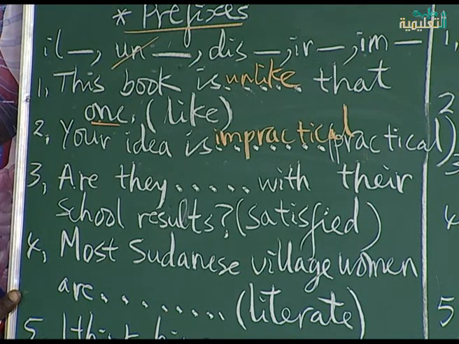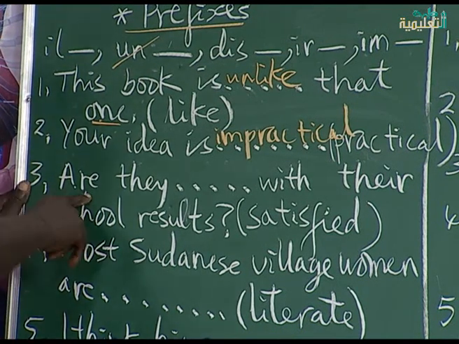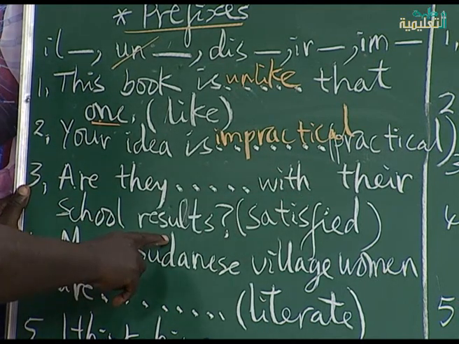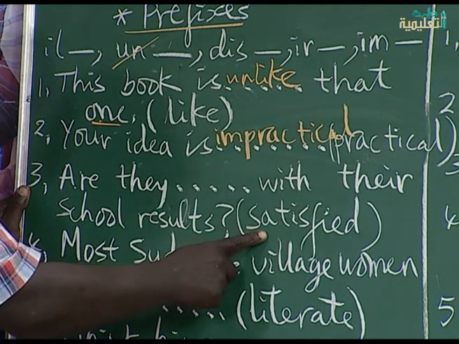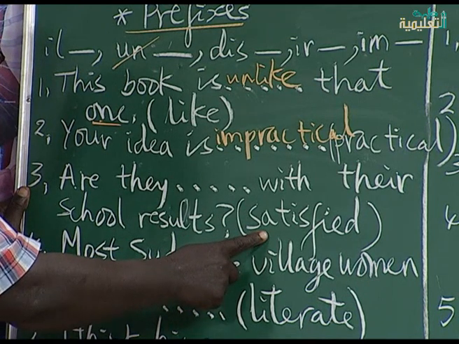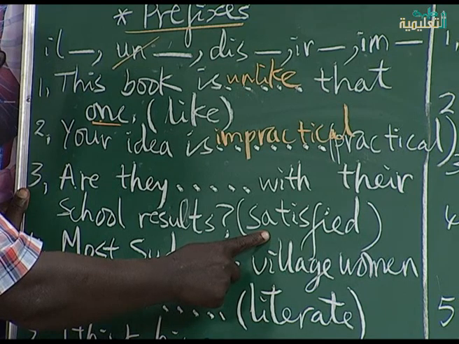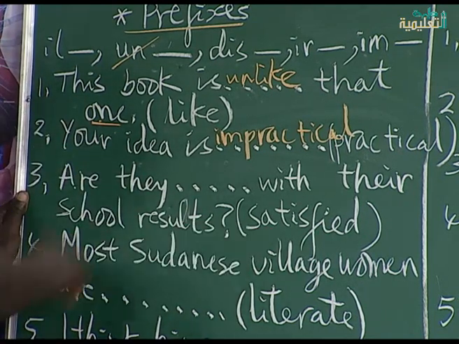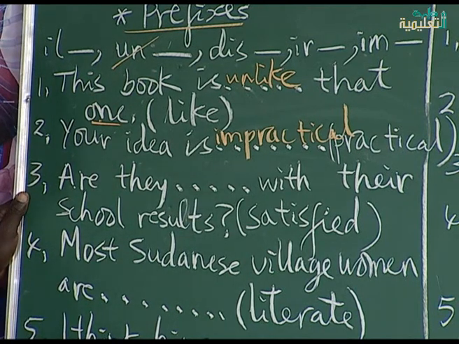Number 3, I hope you can see it. Are they dash with their school results? النتائج بتاعت المدرسة بتاعتهم. Here we have satisfied, مقتنع. Satisfied, by the way, has two options, خيارين اثنين.